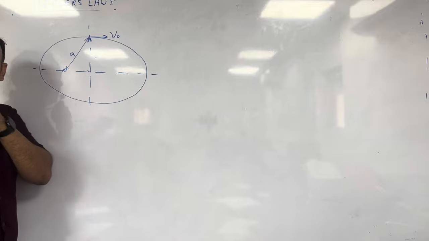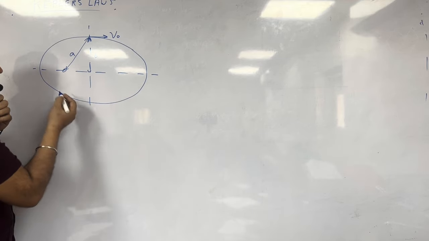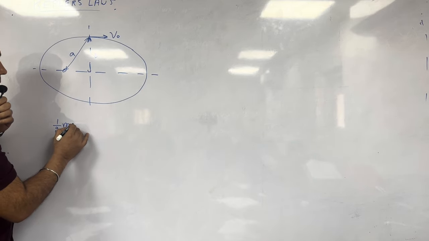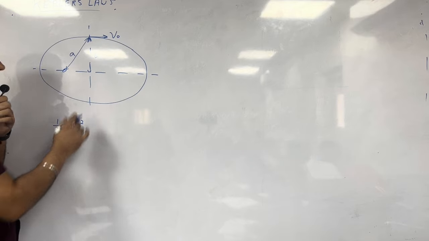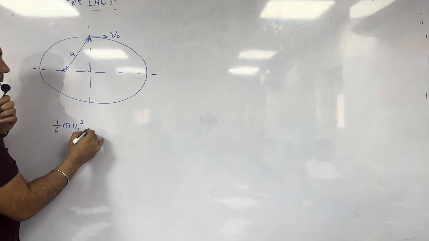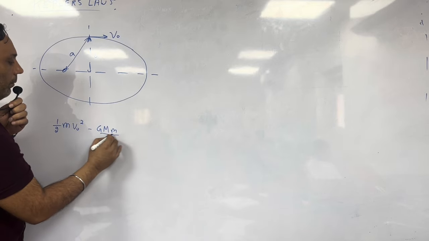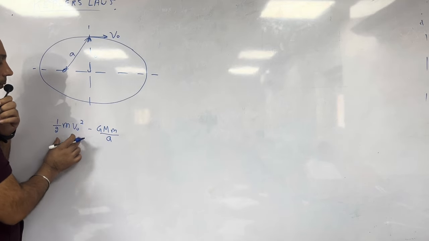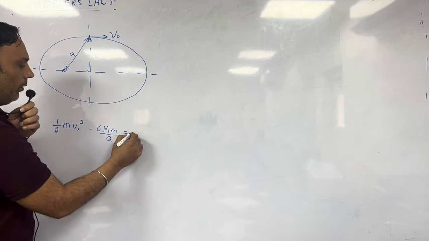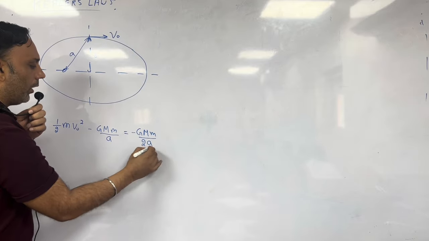Kinetic energy expression I have already given, beta. So simply we can write half m V naught square. That distance is A, so potential energy here is minus G M m divided by A. Total energy is G M m by 2A, with a negative sign.